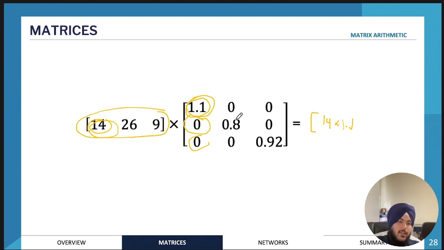If we do the matrix multiplication step, it would be row 1 times column 2. So only 26 will get multiplied by 0.8, because 14 times 0 plus 26 times 0.8 plus 9 times 0. In that way, only 26 is getting multiplied by 0.8.